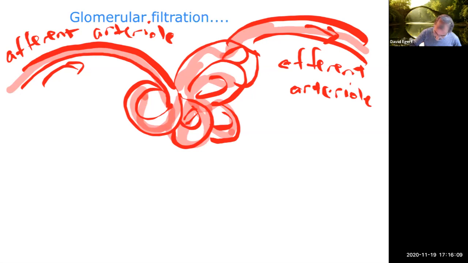Again, these are fenestrated capillaries, so they've got little holes, little pores.